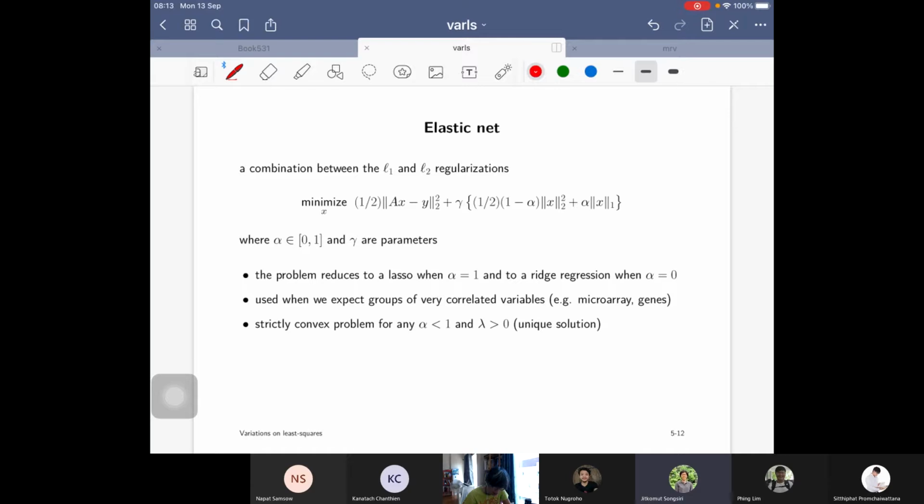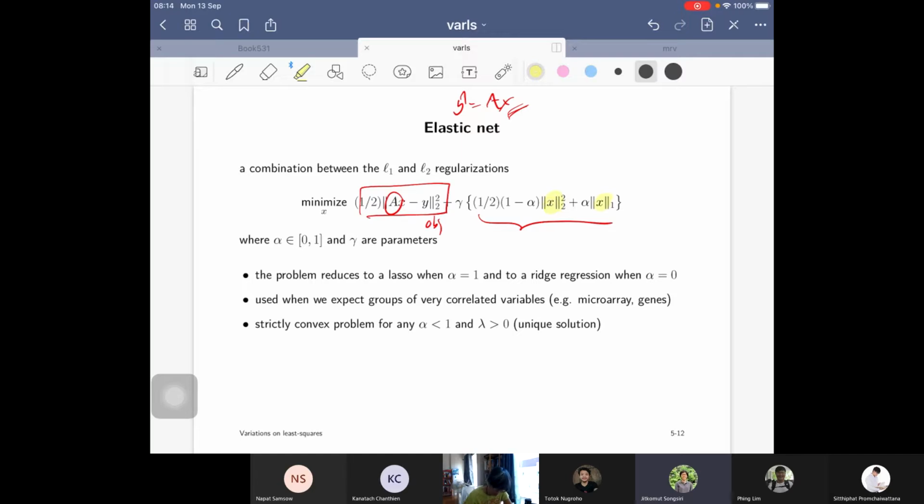Elastic net is basically a regression problem. The main cost objective is to minimize the two norm of the residual error. Suppose that you use a linear model y hat equals Ax. Of course, in the first objective, you try to make a model that gives the best approximation for y. But then you also have the penalty terms consisting of L2 and L1 norm.